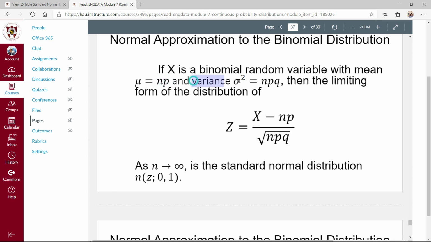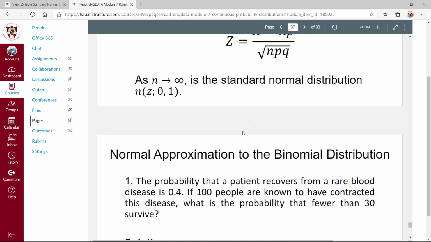And the variance is given as NPQ. And then limiting this distribution, the z-score will be computed as x minus the mean, where the mean is NP, over the standard deviation, which is the square root of the variance.